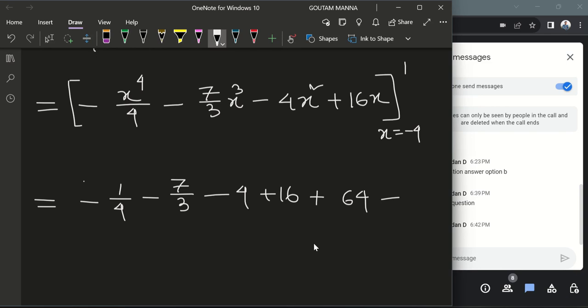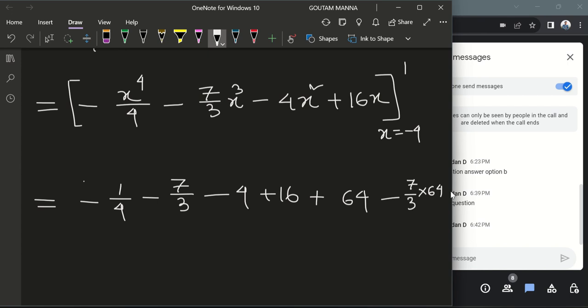Then the next term it will be minus 7 by 3 times 4 cube, and 4 cube is 64, so times 64.